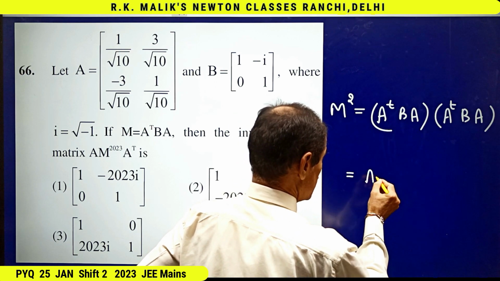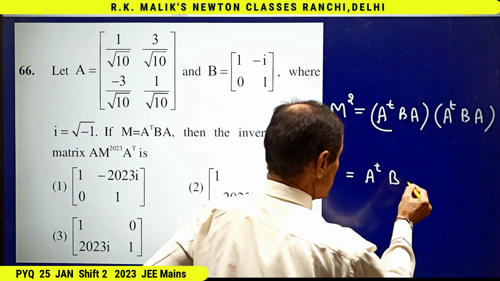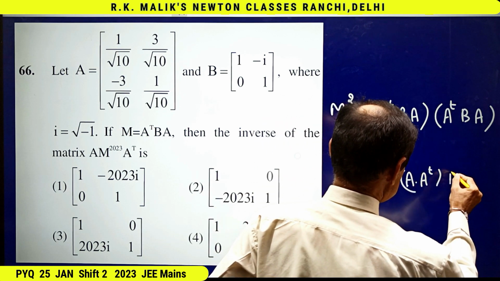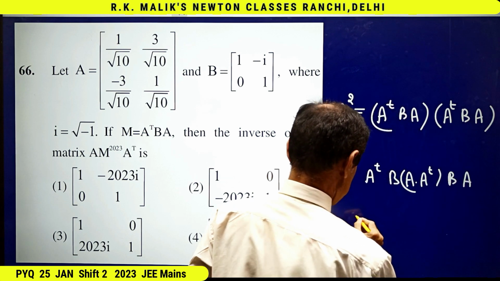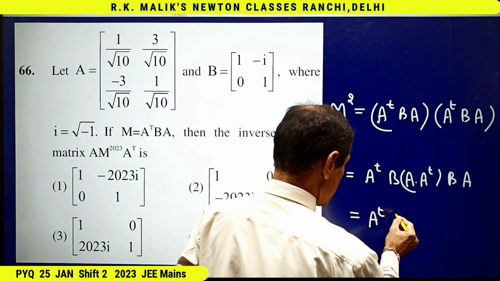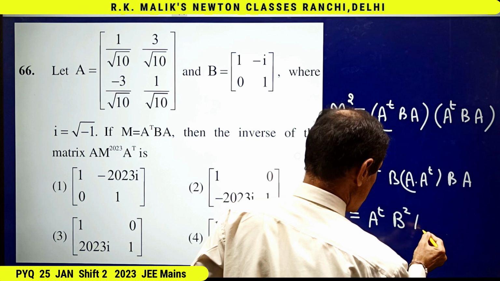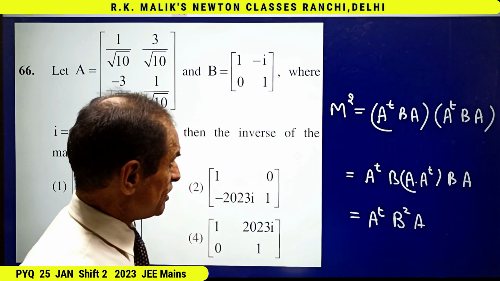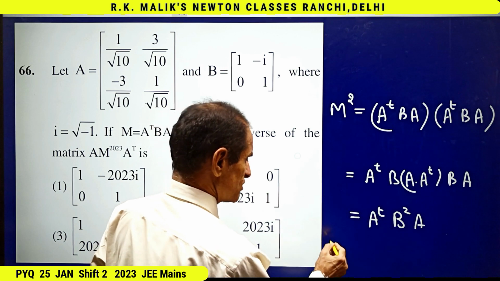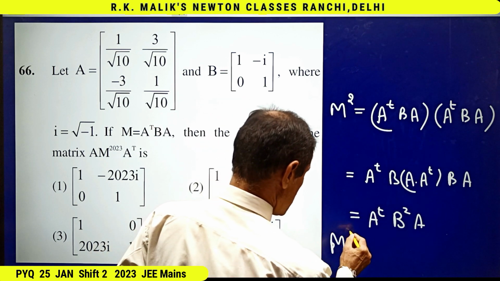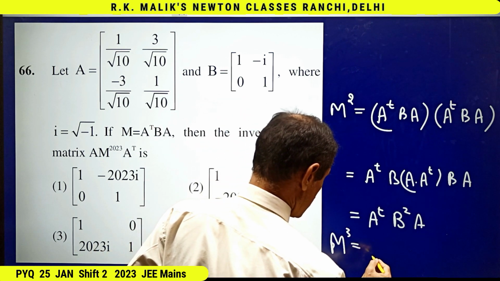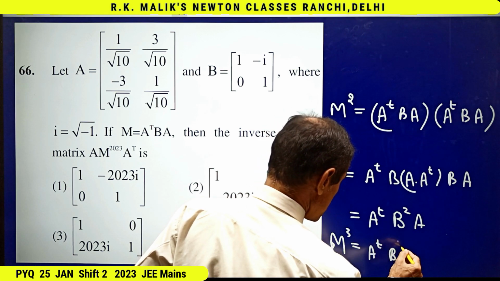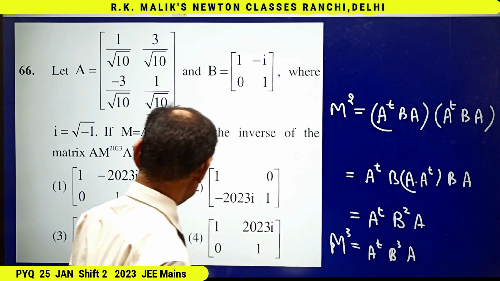I write it as A transpose B A into A transpose B A, that is A transpose B square A, because this will become I. That is, M square is this. Similarly, it is easy to check that M cube will be A transpose B cube into A.